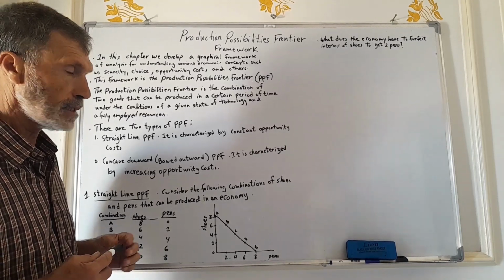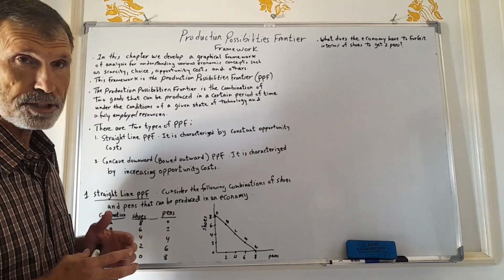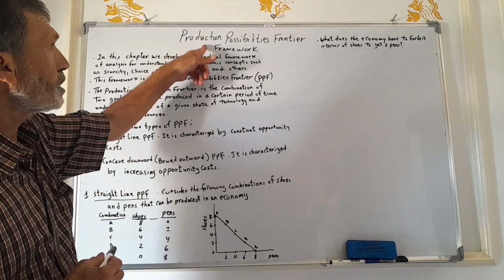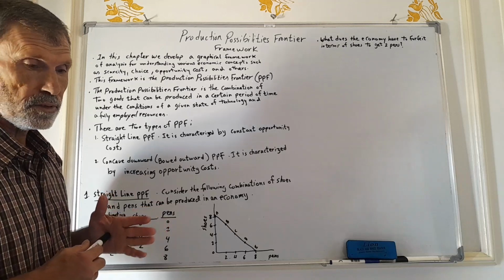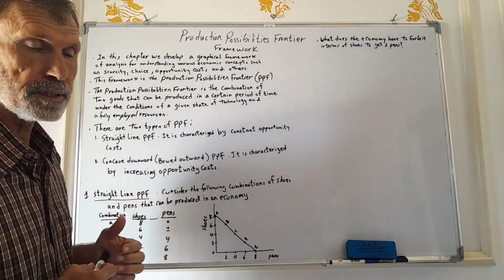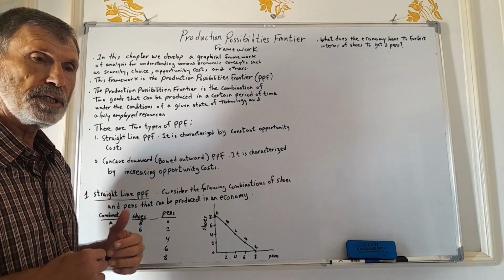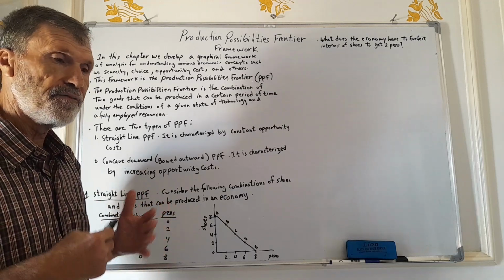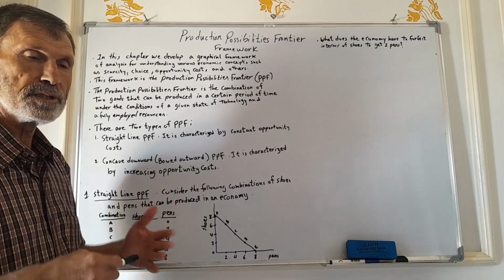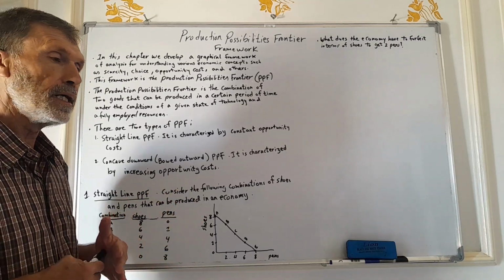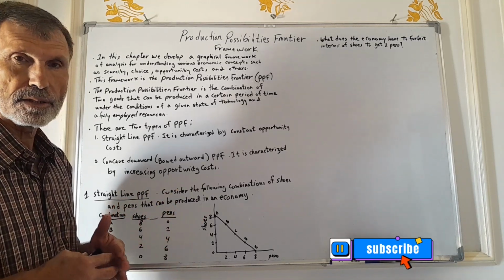Of course, now we begin another chapter, which is the Production Possibilities Frontier Framework. Of course, in the previous chapter, chapter 1, in macroeconomics, we basically discussed various economic concepts such as scarcity, choice, opportunity cost, and other concepts.